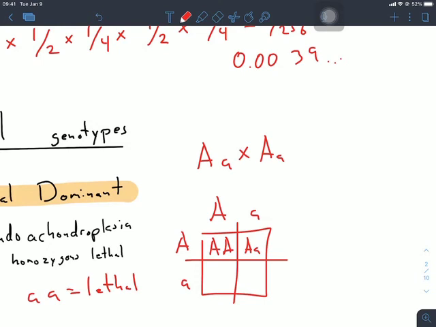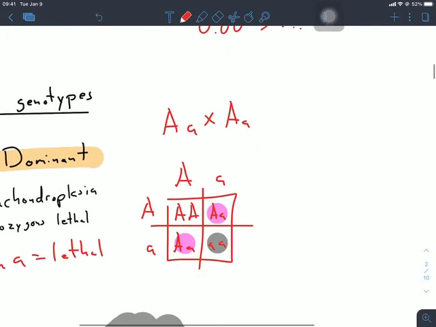Lowercase a, capital A, and capital A, lowercase a, these two individuals would result in dwarf phenotypes. And this individual, lowercase a, lowercase a, would be lethal.